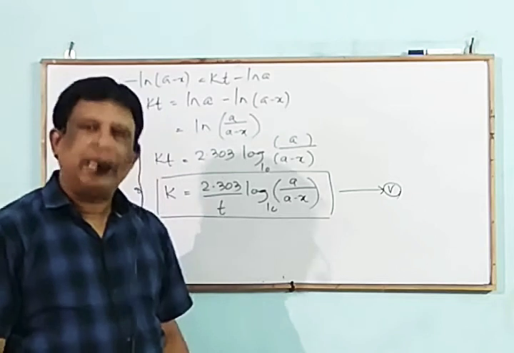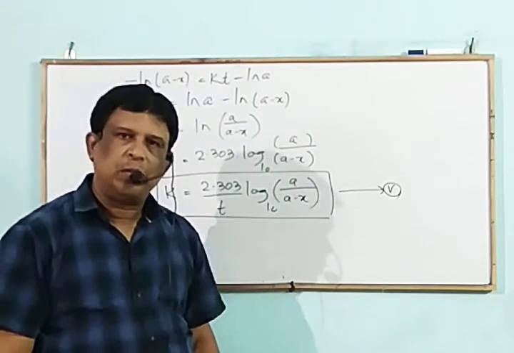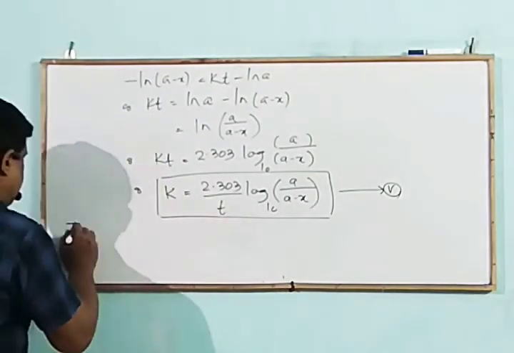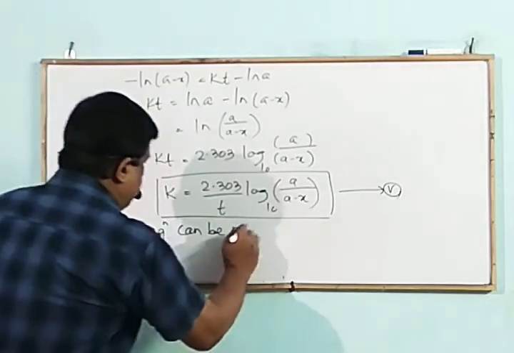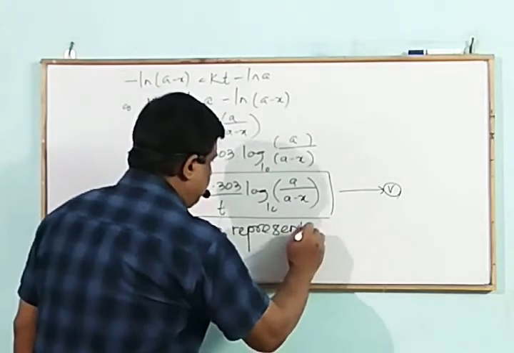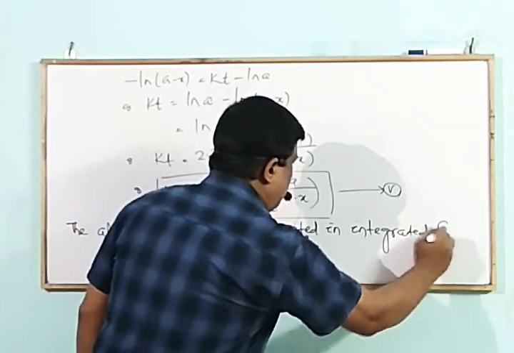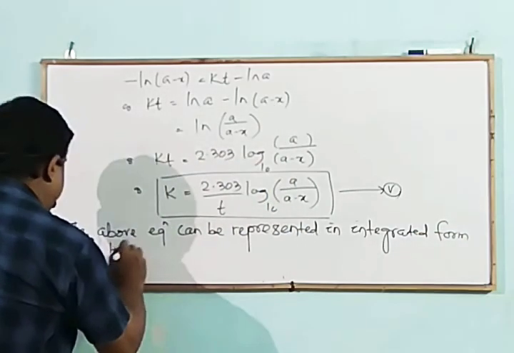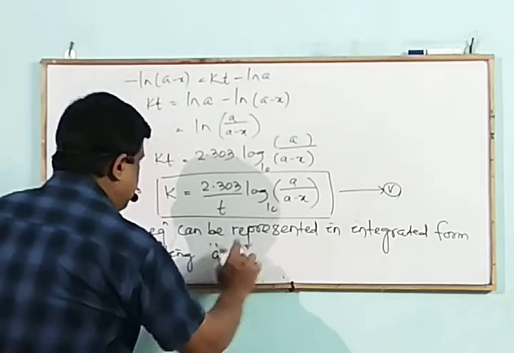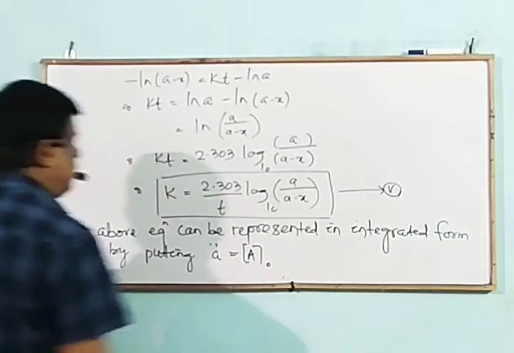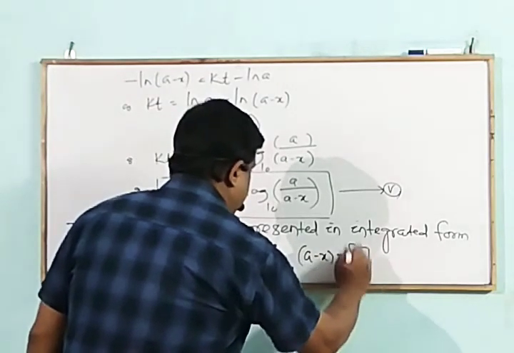It can be transferred to integrated form. The above equation in normal form can be represented in integrated form by putting a, that is the initial concentration, equal to a naught, and a minus x, that is the final concentration, as a.